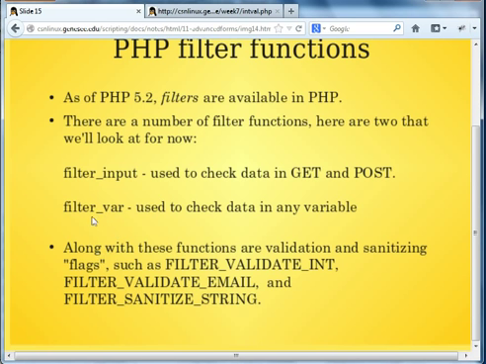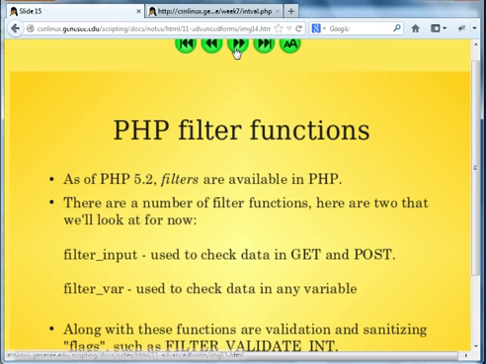Right? And for filter var, there are constants or flags. Filter validate int, which means, hey, make sure that they send me an integer. Filter validate email, make sure it's a valid email. Filter sanitize string, weed out all the nastiness from my string.